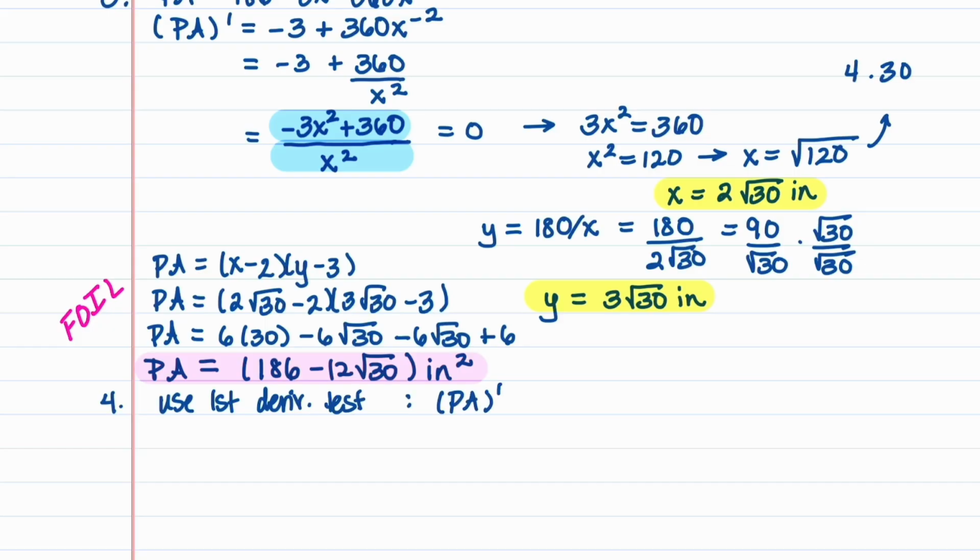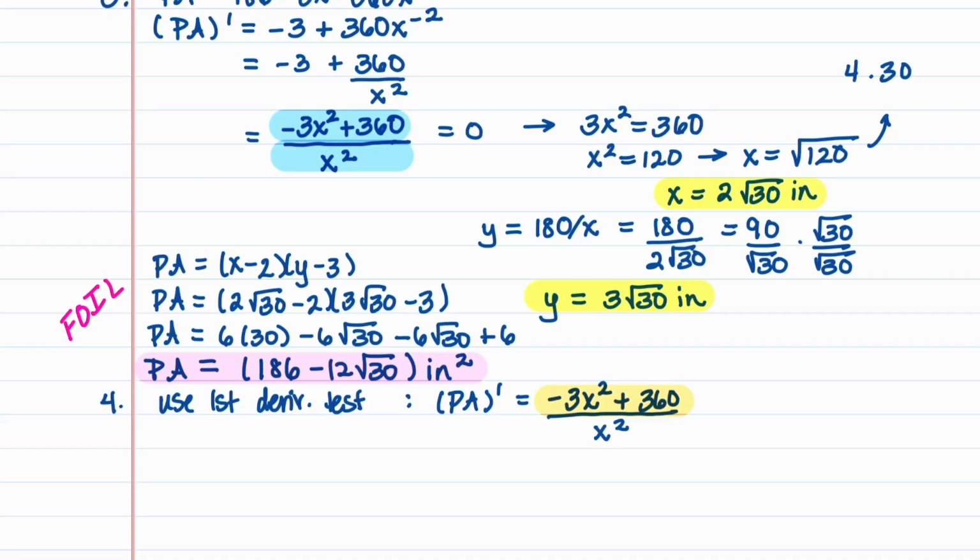PA prime is minus 3x squared plus 360, all divided by x squared. We want to find if our derivative is positive or negative to the left and right of our critical value. Because our denominator is an x squared, we really just have to look at the numerator.